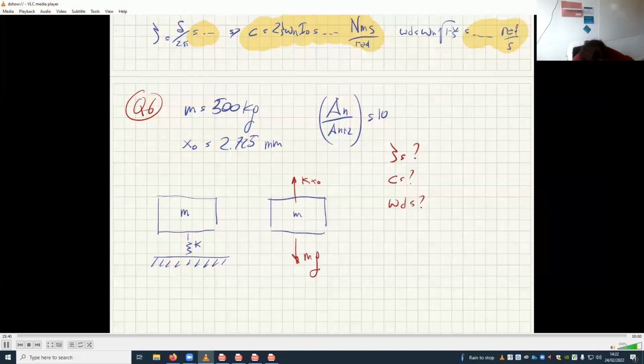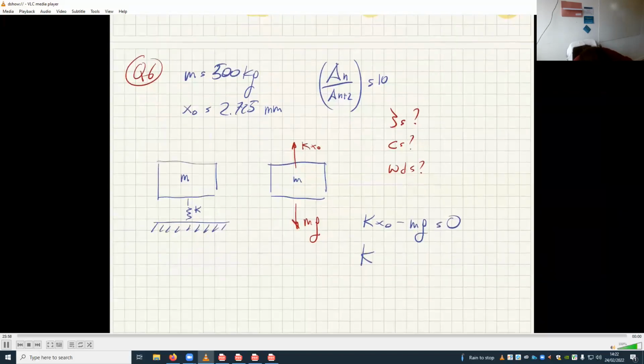And so that means that kx0 minus mg equals 0. So I can find k equal to mg divided by x0. And this is a certain number of newtons per meter that I will leave up to you to find out.